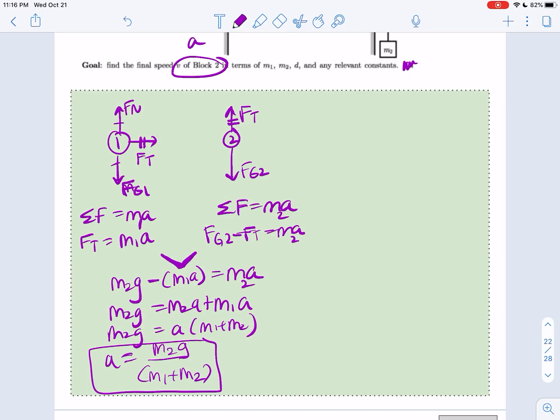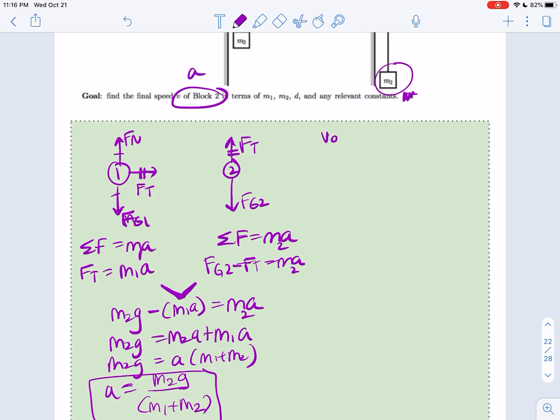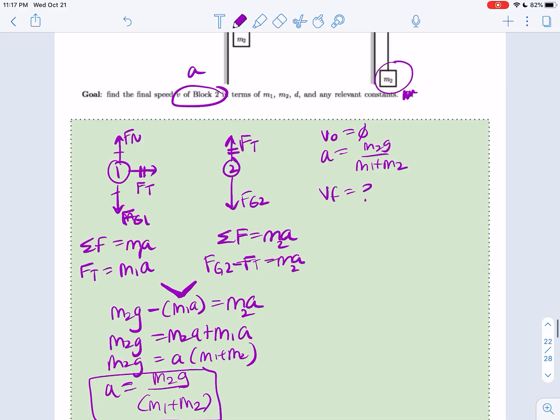Now I want the speed of block 2, so I'm looking at the hanging block. Initial velocity is 0. The acceleration is whatever this is. I want to know the final speed, and the distance, the delta x, they called the variable d.